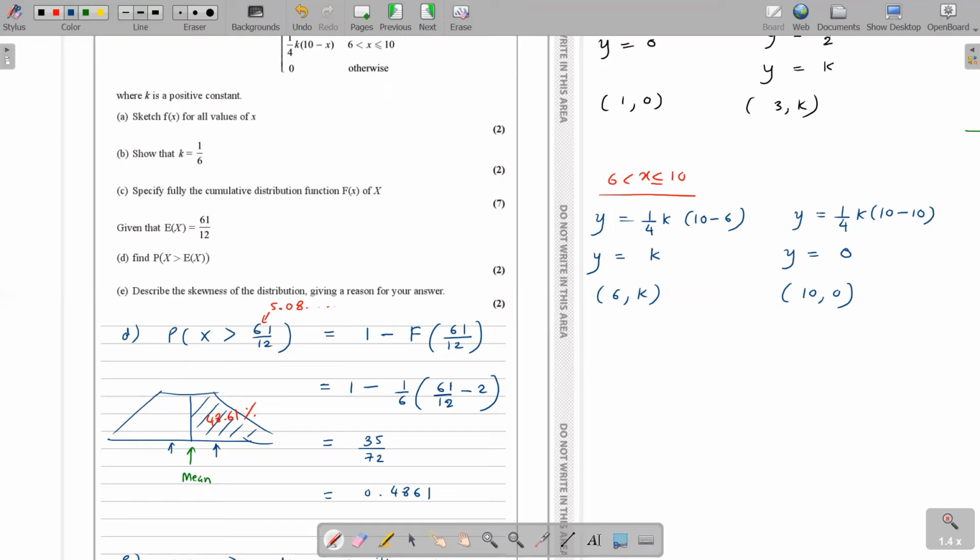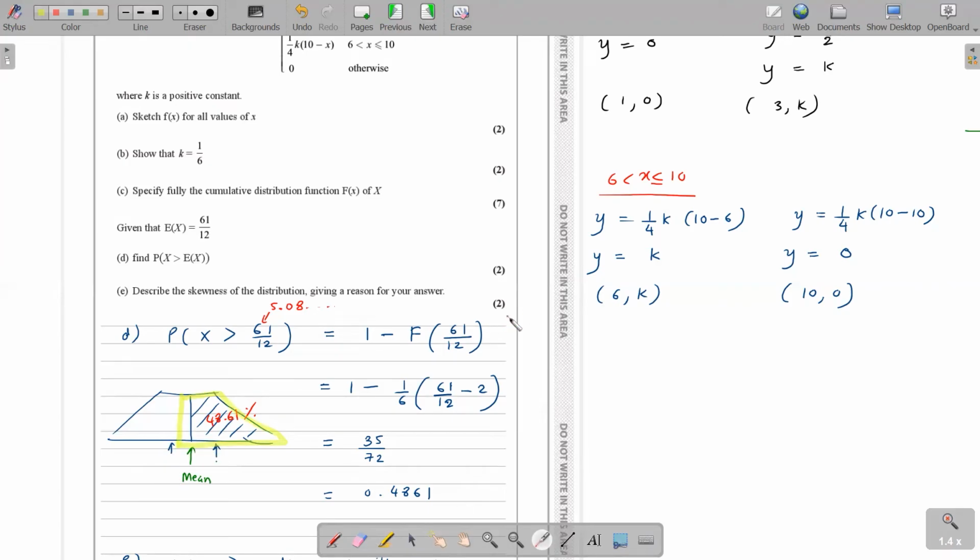If you go after the mean and take a value, this area will be less than 48.61%. So if you want 50% area, then the median needs to be slightly behind the mean.